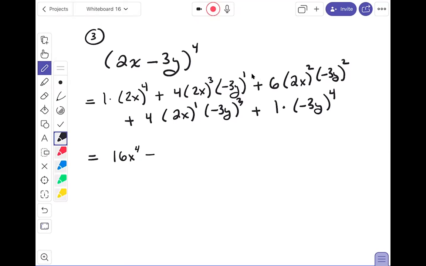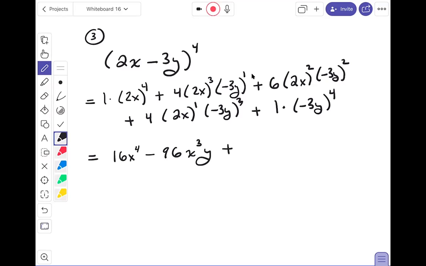And let's see. That's going to be 8 times 4 is 32 times minus 3 is minus 96. X cubed y. All right, let's go to the next one.